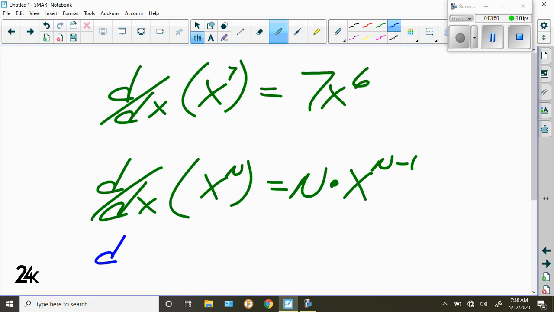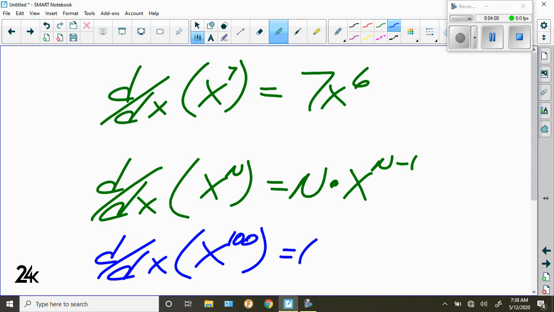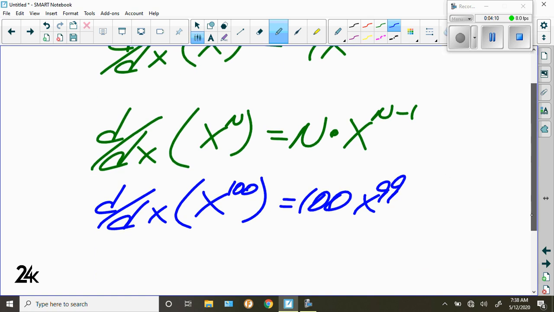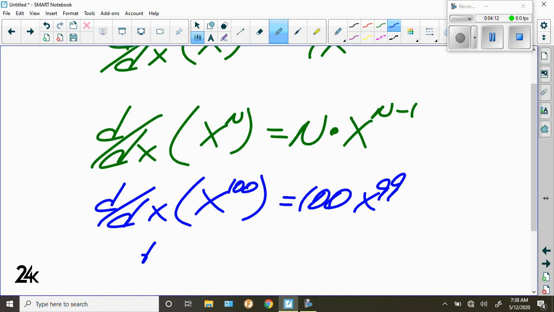So if I asked, what's the derivative of, I don't know, x to the 100th, that would be 100x to the 99th. Got that? But wait, there's more. What if the power was negative? Let's say it was d/dx of x to the -2.